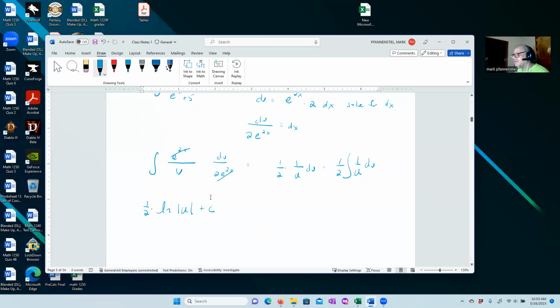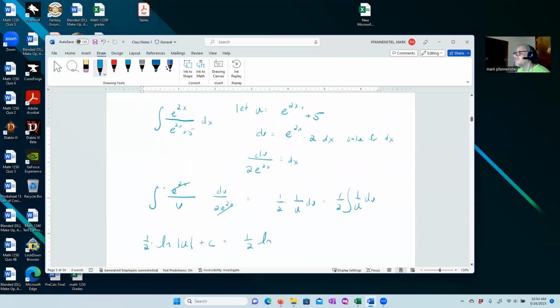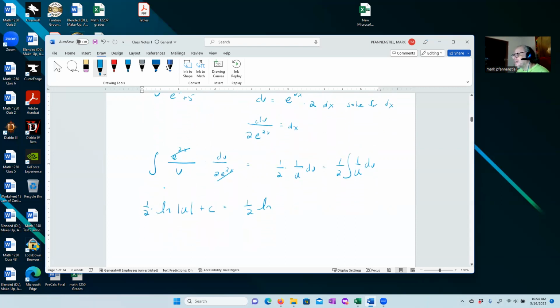Now we have to go back to x space. We're in u space right now. So this is going to be 1/2 ln. What the heck was u? u was e to the 2x plus 5. So here's the thing about e to the 2x plus 5. That function is always positive.